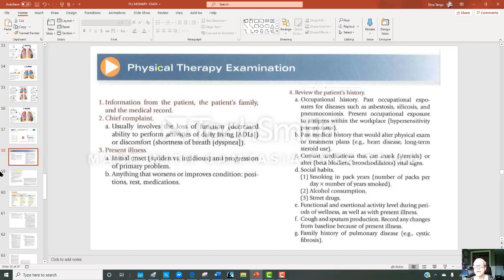Smoking habits: smoking in pack years, number of packs per day times number of years smoked. Alcohol consumption and street drugs.